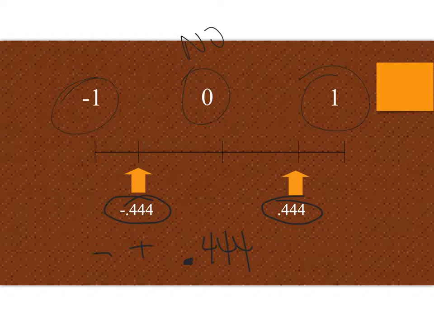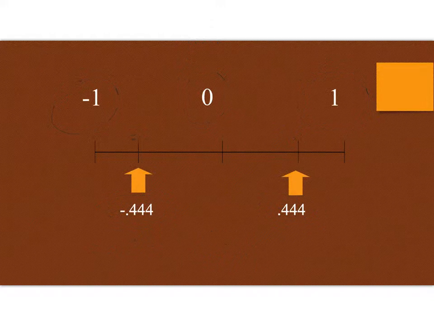The only difference in the two is one is negative and one is positive. And it's all about direction. As we talk about these numbers and we put them into perspective, if they're both the same, what is the difference? Again, it's the negative and the positive.